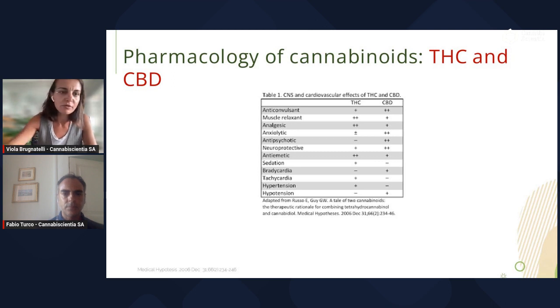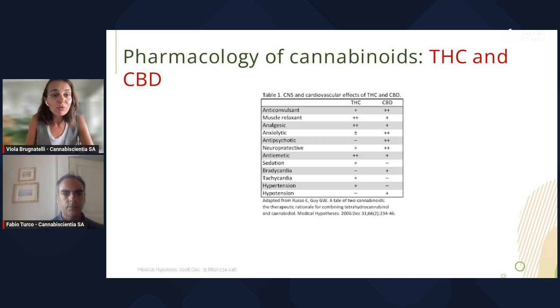Otherwise, I'm very happy to continue with a little reading from, as I said, our second chapter of Principles of Clinical Cannabinology, which is entirely dedicated to the pharmacology of the compounds that really are used for medical purposes. And as you know, in the monograph that we use here in Europe, which is the German monograph, there are only 2 compounds out of the myriads of molecules produced by this plant, in different stages of research, that are recognized for medical use.